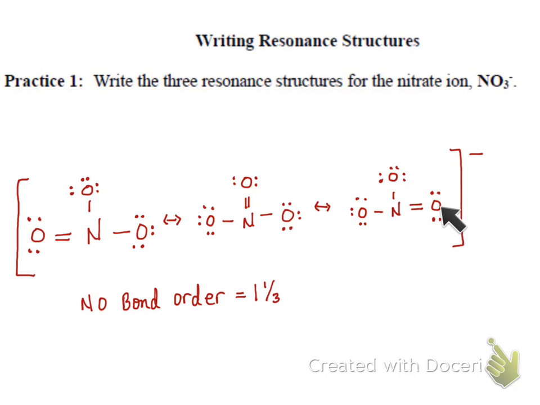The actual structure is a combination of all three, and it has a bond order of 1 1/3 because each bond is 1 1/3 bonds. To show the polyatomic ion, I put the whole thing in brackets and put the charge on the outside. I could have put brackets around each structure separately instead. It means exactly the same thing.